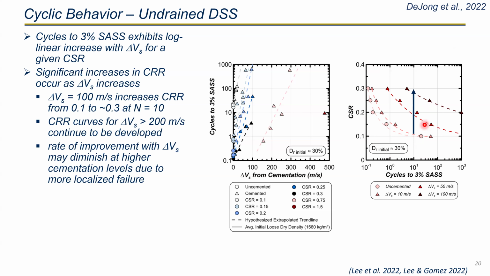This black arrow indicates 10 cycles to 3% shear strain, and you get the CSR increasing from about 0.1 to 0.3 with a pretty modest increment in the cementation level. The results from the cyclic DSS test suggest that even small magnitudes of cementation can dramatically alter the soil liquefaction triggering resistance.